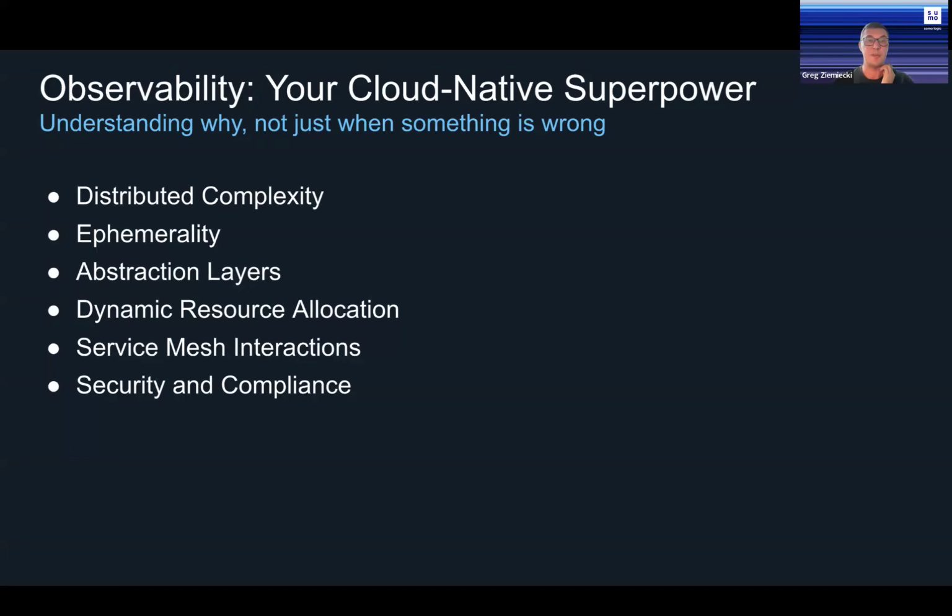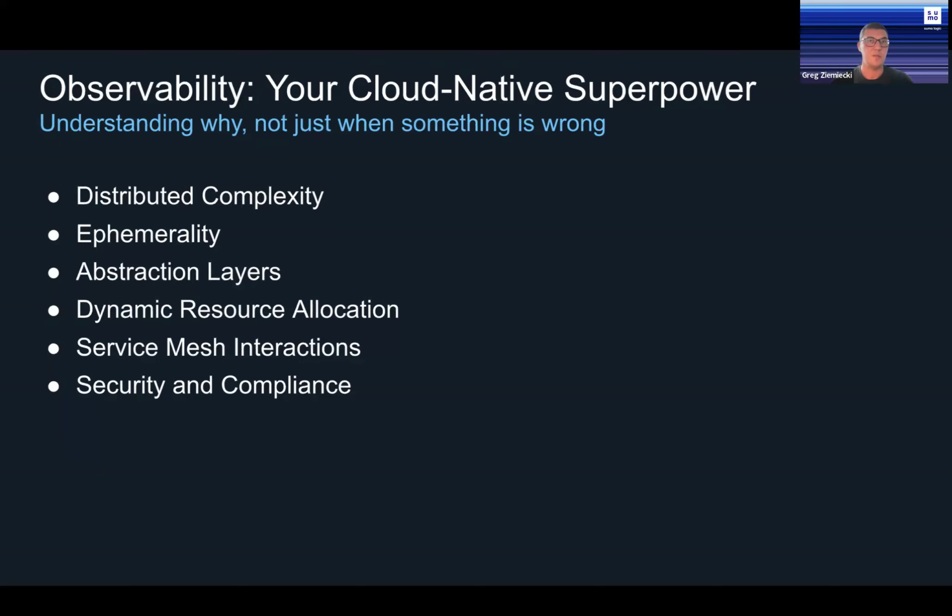There are also multiple abstraction layers. Cloud and Kubernetes add multiple layers of abstraction. It's not only a physical server with monolithic applications, but there are multiple abstraction layers we need to understand, and they all influence our application health.